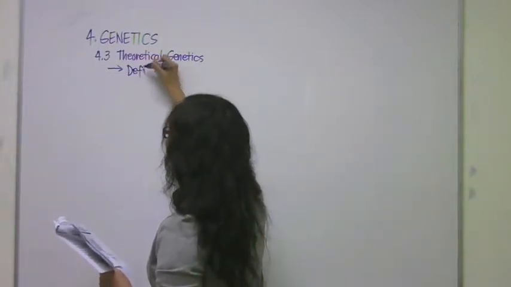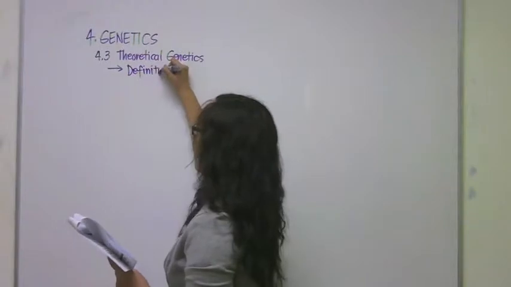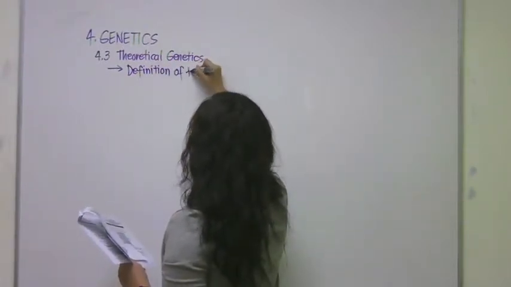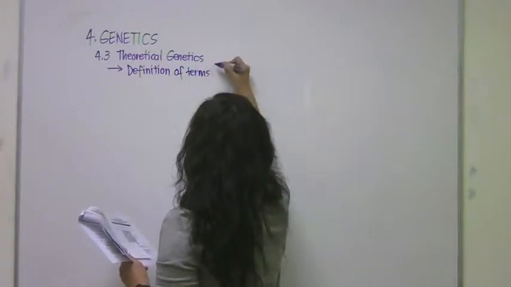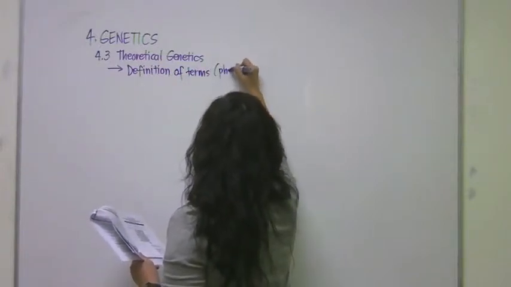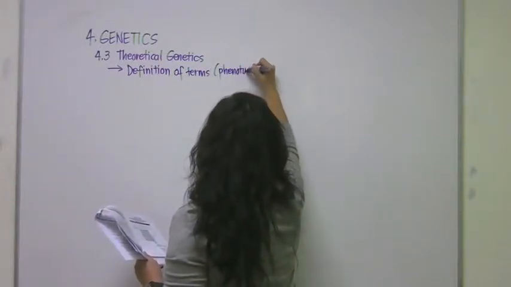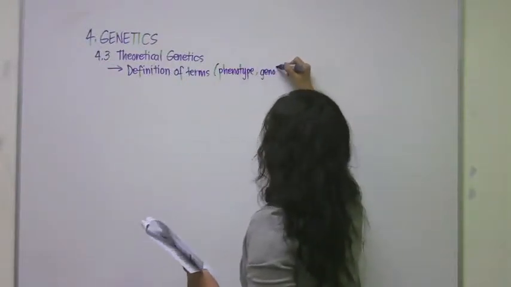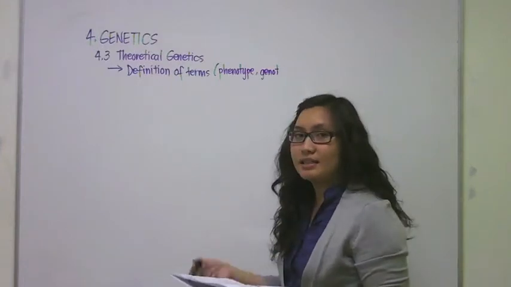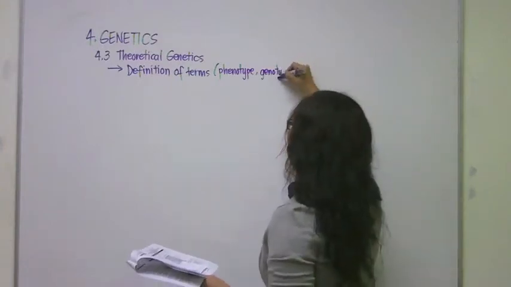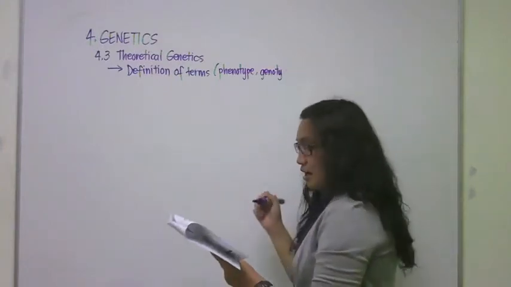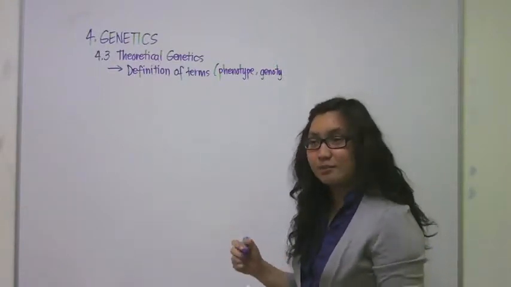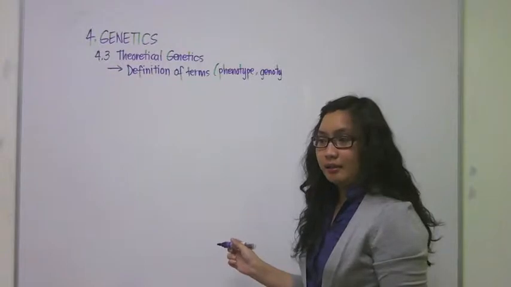There are several terms that are being used in theoretical genetics, such as phenotype, genotype, dominance, like dominant alleles, recessive alleles, homozygous, heterozygous, what a carrier is, what is a test cross, multiple alleles, codominant.